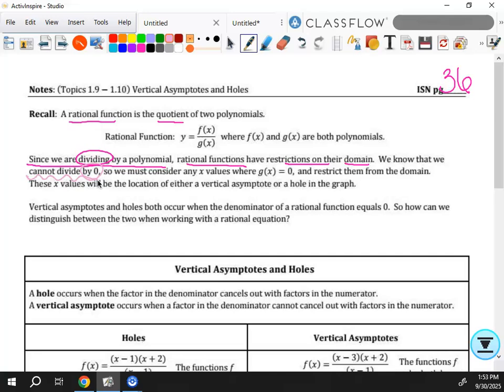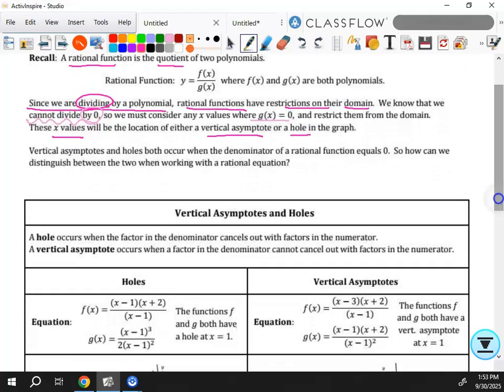All right. So we must consider any values where the denominator is equal to 0 and that they get restricted from the domain. These x values, those that get restricted, are either our vertical asymptotes or our holes. We know that the vertical asymptotes and holes both occur when the denominator of a rational function equals 0, because we can't divide by 0 and get a real number, right?